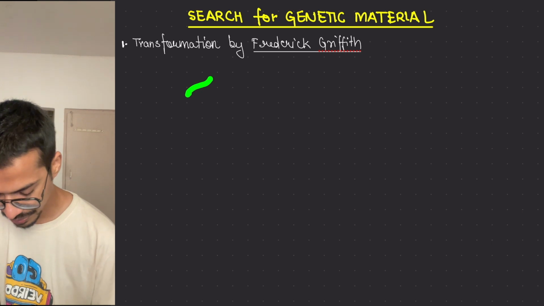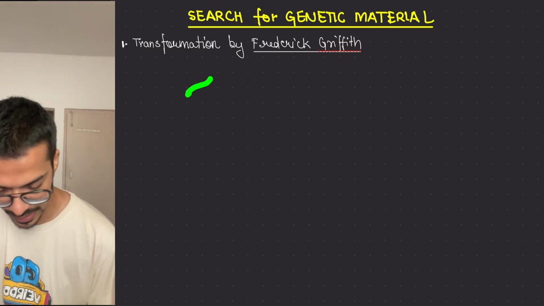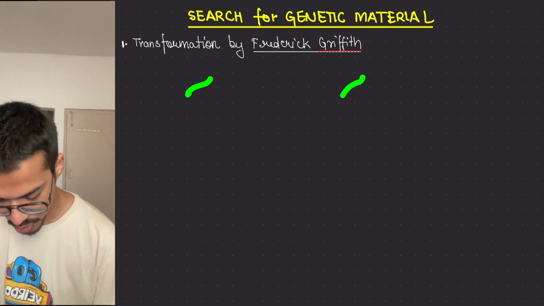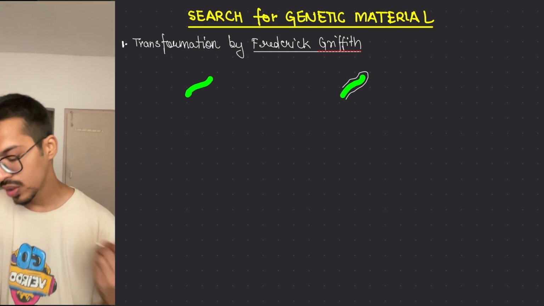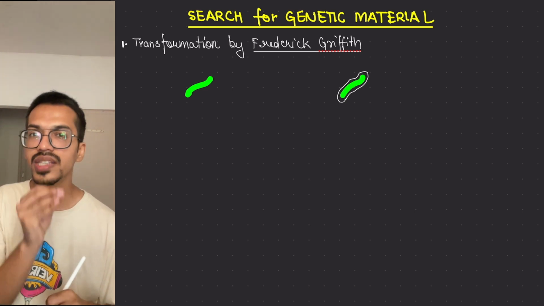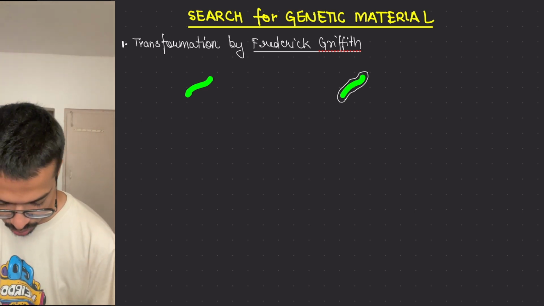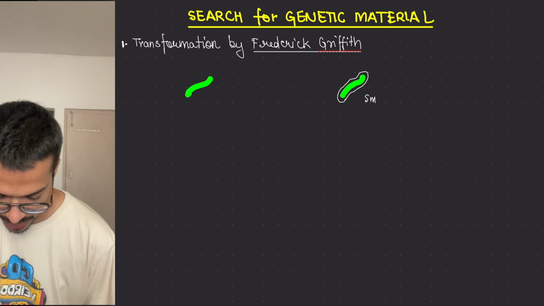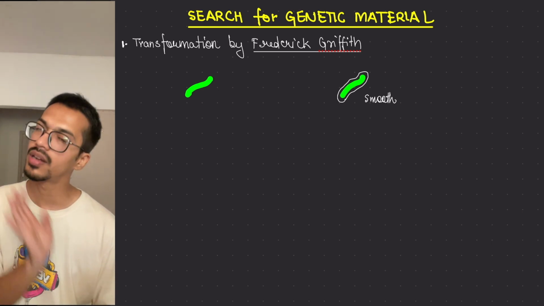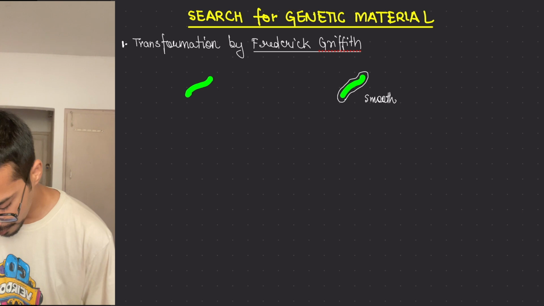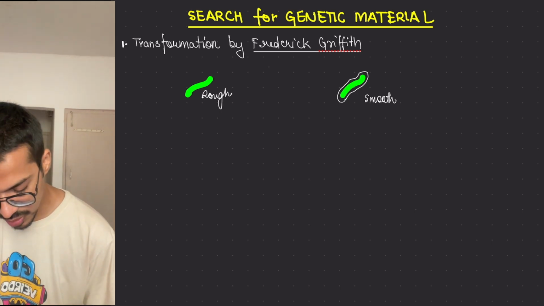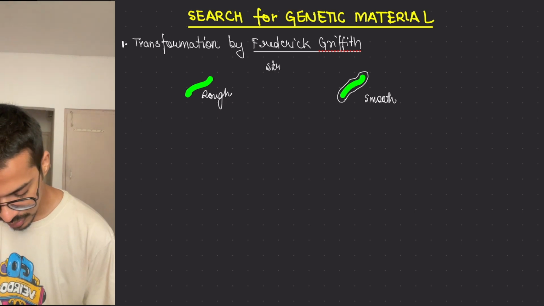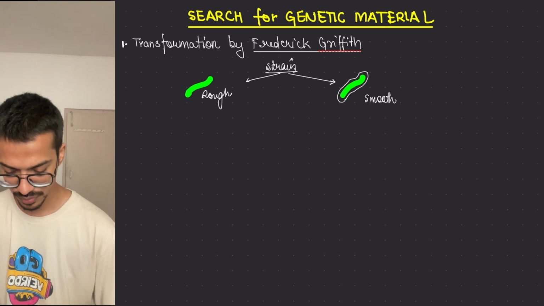Imagine it. He took two strains of the bacteria, meaning two different types of bacteria. One bacteria appears rough, the other appears smooth. This is the smooth bacteria because it has a coating present around it, whereas this is the rough bacteria. He took these two different strains of the bacteria.